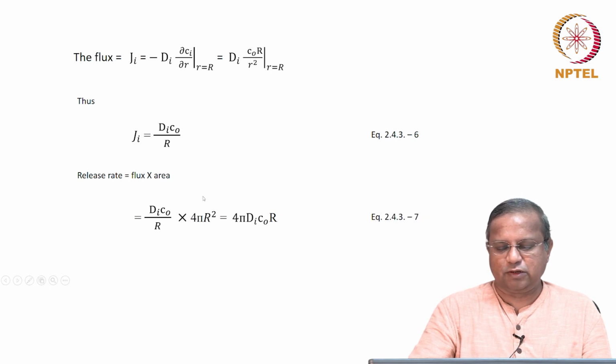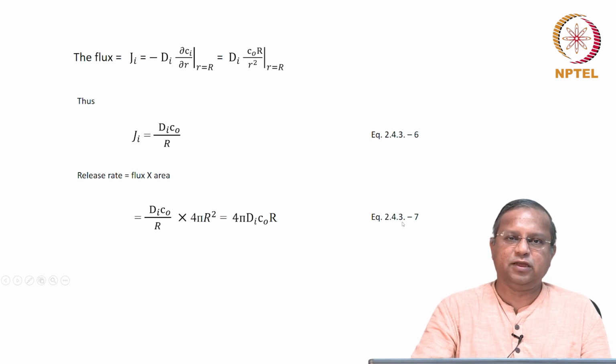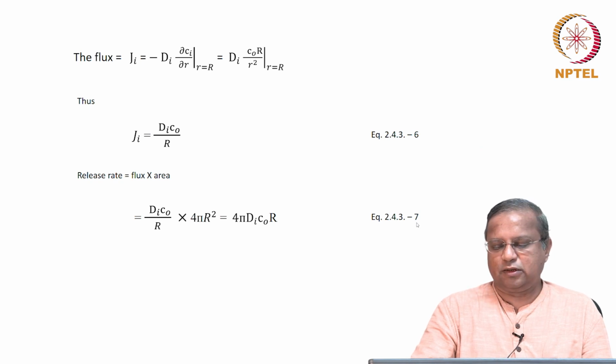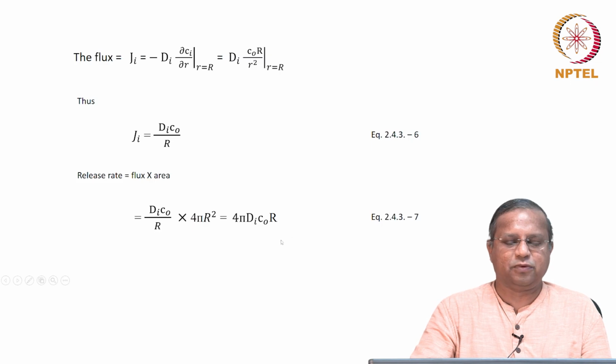It is always nice to number equations. Of course, as mentioned earlier, these numbers refer to the equation numbers in the textbook. So, they may not be sequential in this particular presentation, but they correspond to the equation numbers in the book, which makes it easier in the long run when you refer to the book. I think that solves this particular problem. We found the release rate that we needed to find.